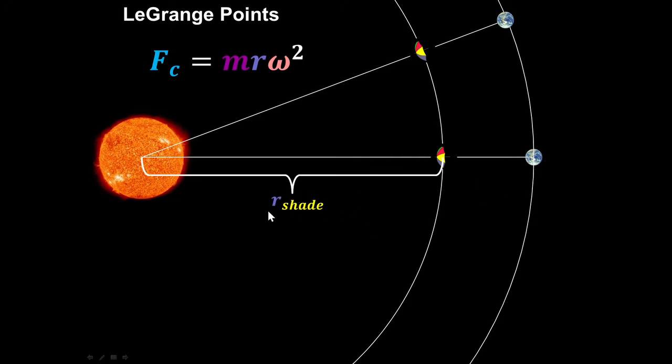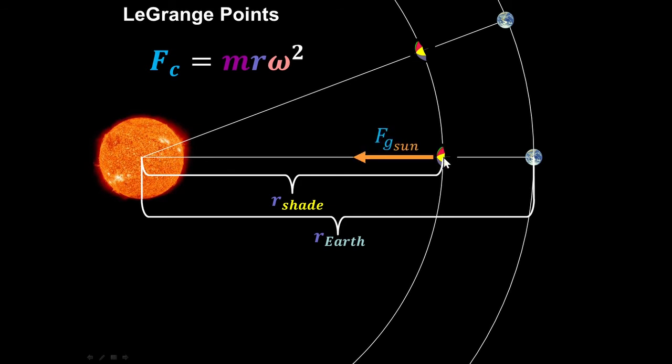So we want to calculate what the radius of this shade should be. How far from the sun should that be? Well, we know how far the Earth is from the sun. And using the Universal Gravitational Equation, we can calculate the gravitational force that the sun would put on that shade. We can also calculate the gravitational force the Earth would pull on that shade.